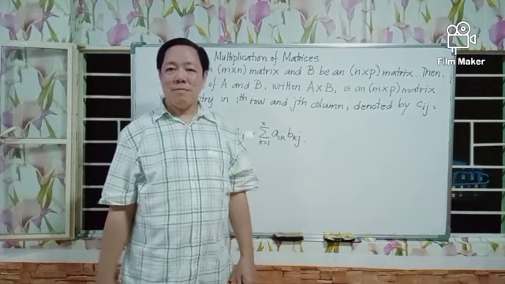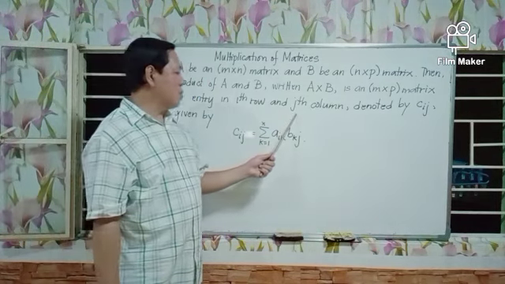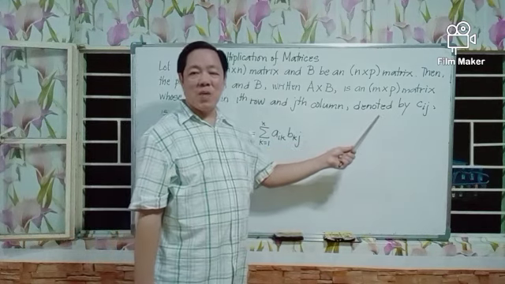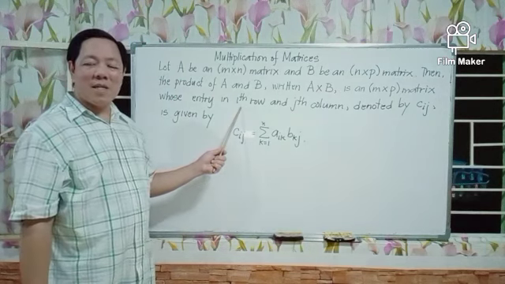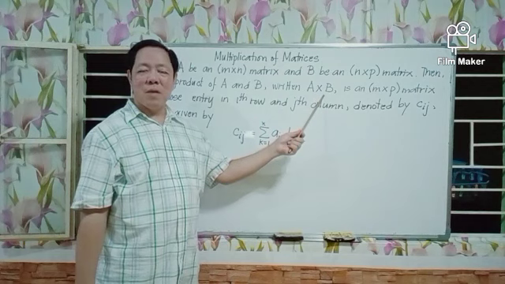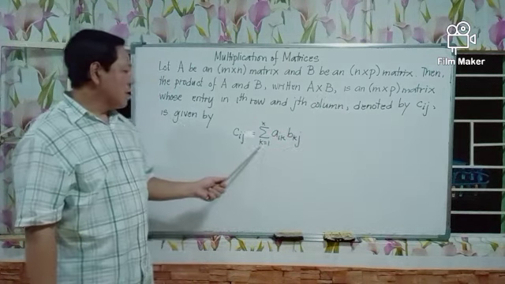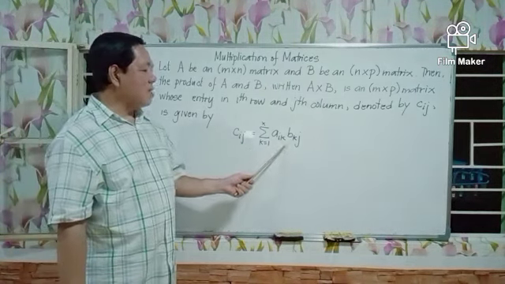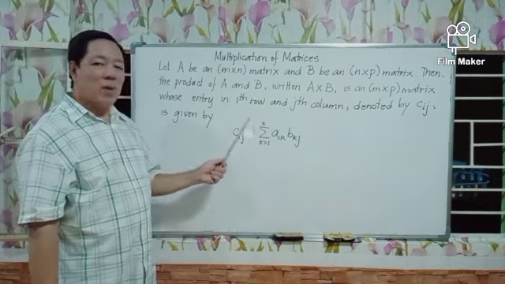And the entry in the ith row and jth column, which we denote by C sub ij, of the product of the matrices A and B, is given by the summation of A sub ik multiplied by B sub kj, where k goes from 1 to n.